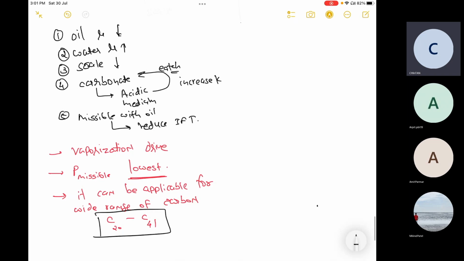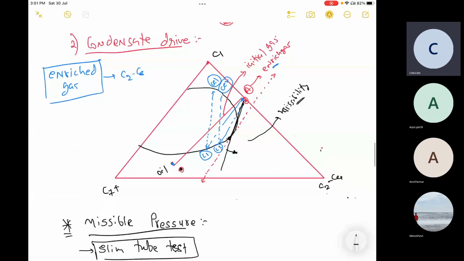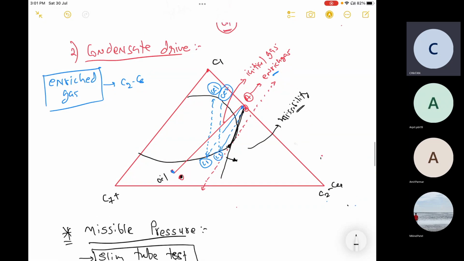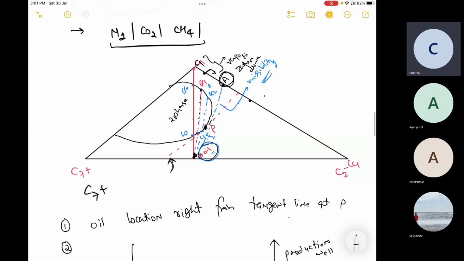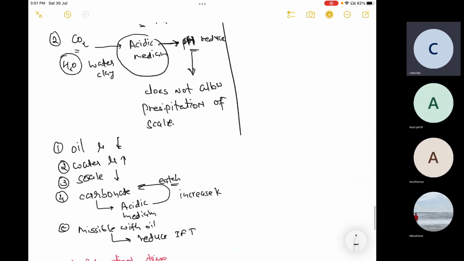So we already know that in that case this oil must be on the left side of this line. It should not be on the right side. Same way here it must be on the right side of this line. It should not be on the left side. But in case of CO2, this range is wider.